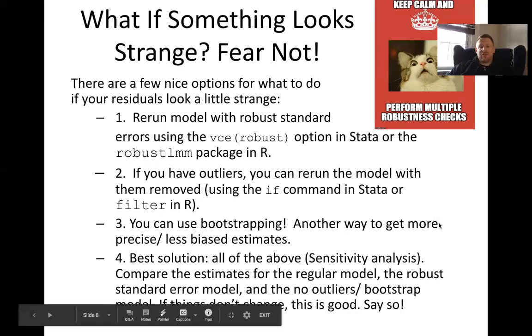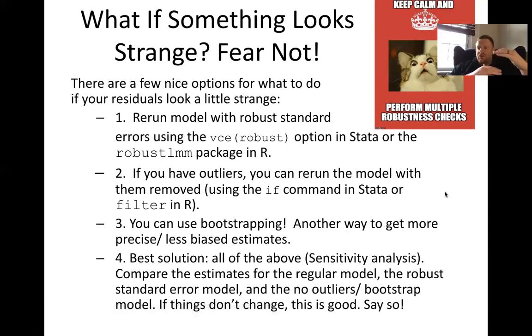So the best solution is probably to do a couple of these things or all of them. And this is really called a sensitivity analysis. Take your original model, compare it to a model with robust standard errors, compare it to a model with outliers removed, maybe compare it to a model with bootstrapping. What you're looking for is that the story, the significance, and the direction of your coefficients should not change very much.